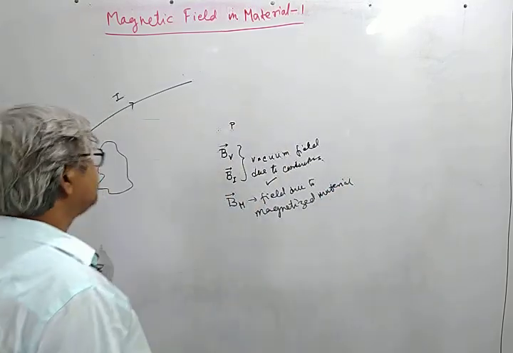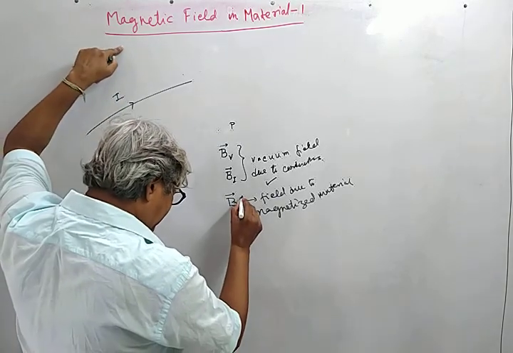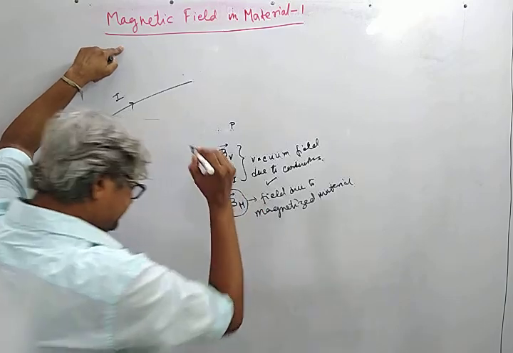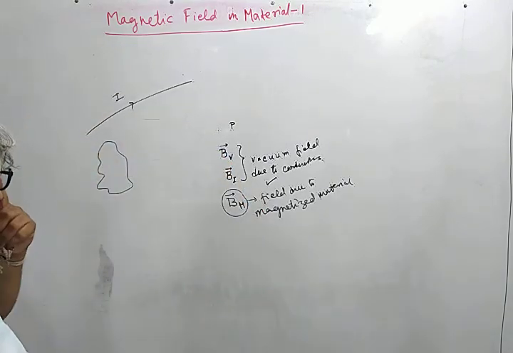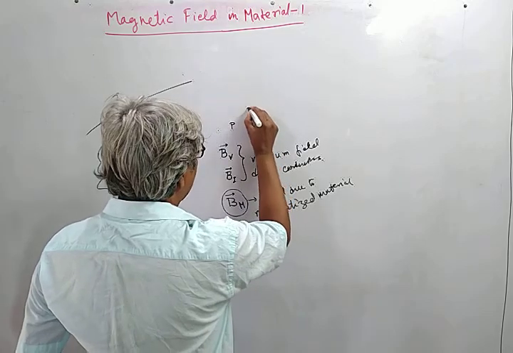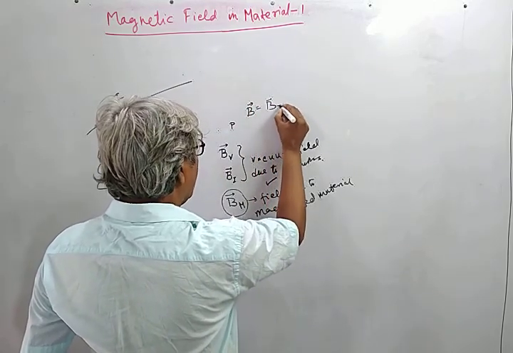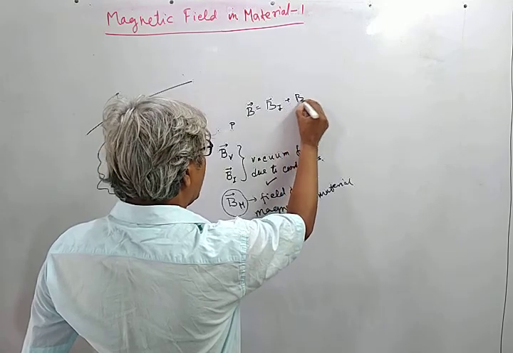Our primary objective in this study is to find out Bm, so that the resultant field at the field point would be B equals Bi plus Bm.